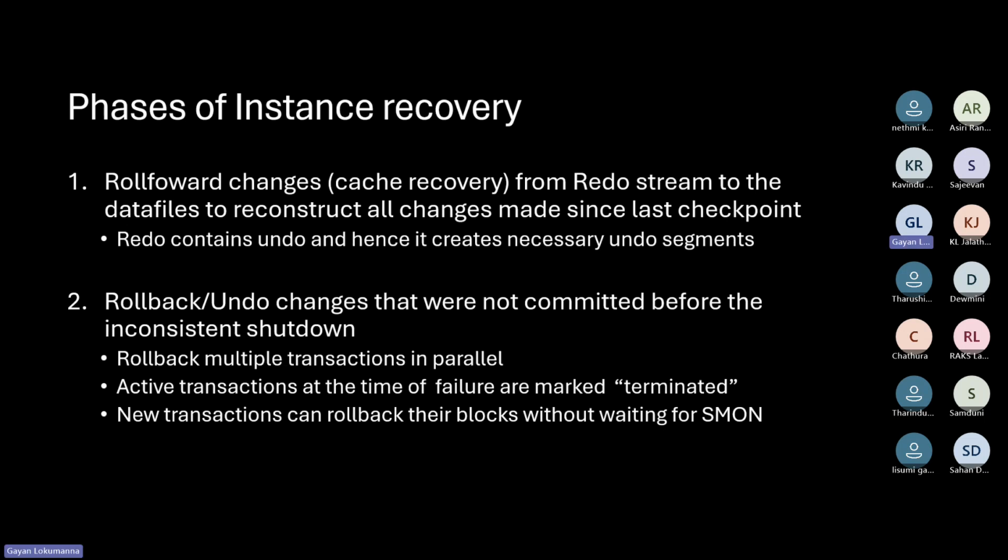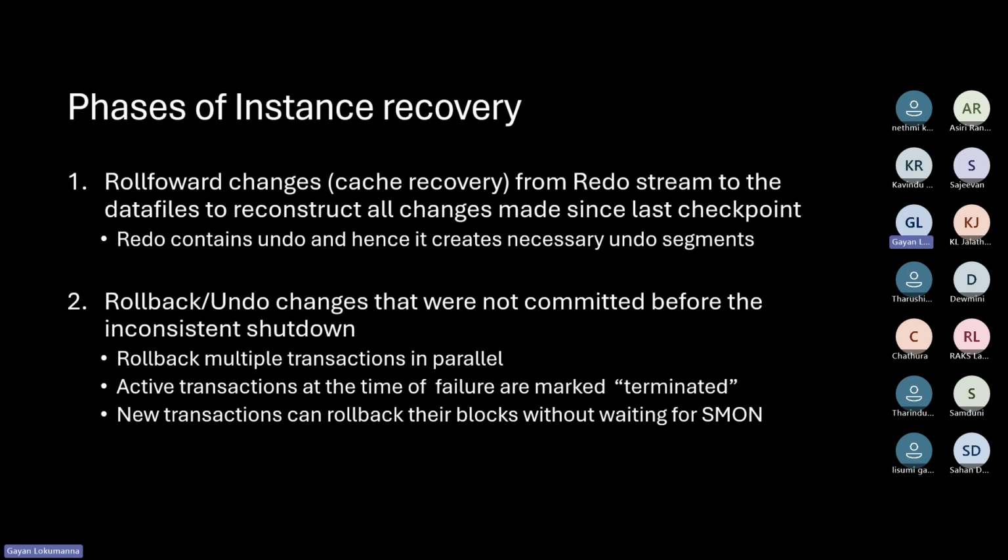Okay. Now the database will be open for the users. Why does it get opened before it finishes the second phase, which is the rollback phase? Because Oracle will basically enable the database to be accessed by the users as fast as possible.